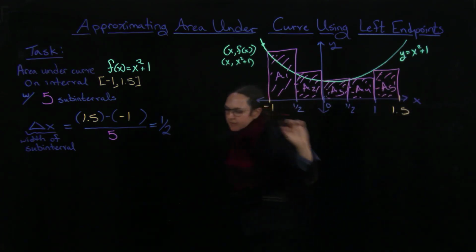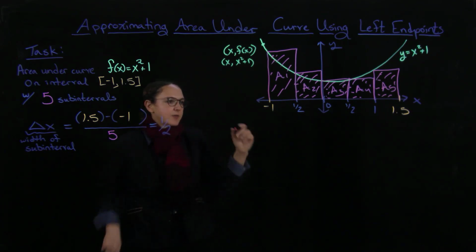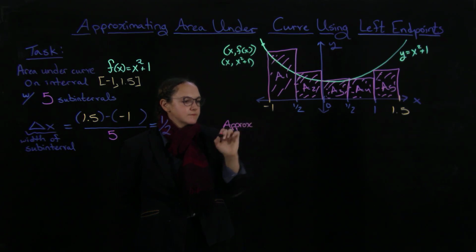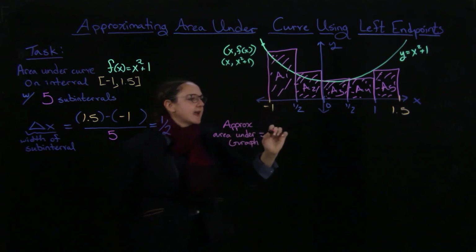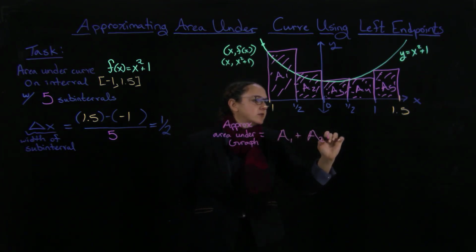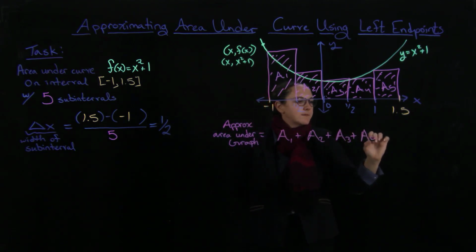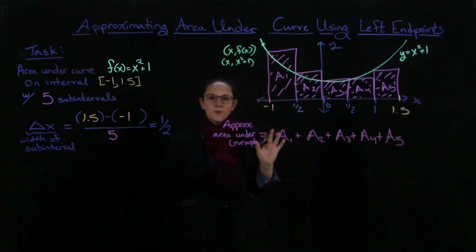Okay. Now if I want to approximate my area, I want to get to my approximate area. Well, I just add together these areas. So I have A1 plus A2 plus A3 plus A4 plus A5. And now I need to think for a moment.